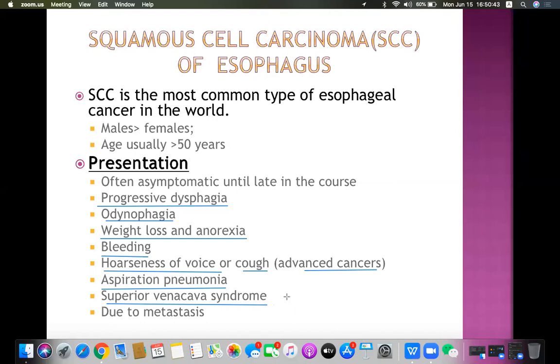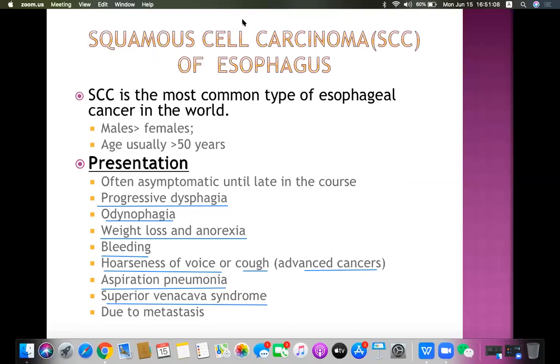Now, the superior vena cava has an important function. It is collecting all the venous blood from the head and neck area as well as the upper limb area and draining that blood into the right atrium. When this big blood vessel is blocked, venous drainage cannot happen. So there is congestion in the upper part of the body.